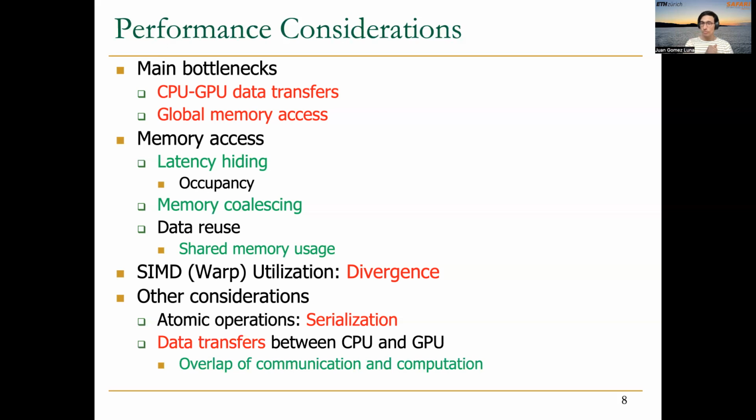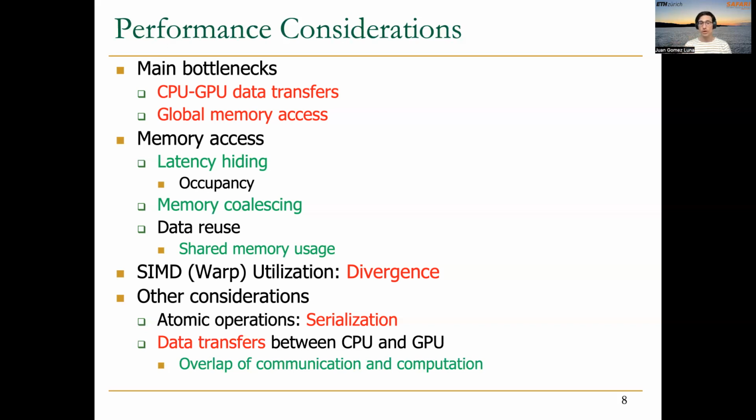And finally, going back to the beginning as well, data transfers between CPU and GPU. As I said, especially in systems with discrete GPUs, we have to move data through the PCI Express bus or through the NVLink bus, but we should try to amortize the cost of these transfers by computing on the GPU for enough time. There are also ways of overlapping communication and computation, as we will see at the end of this presentation.